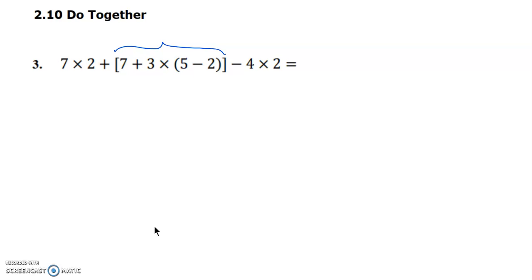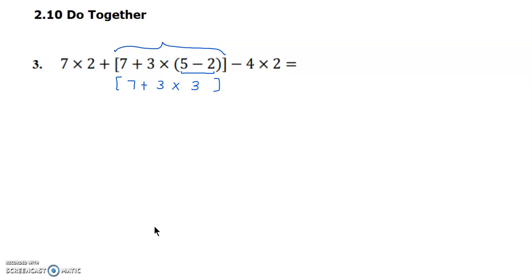So we're going to do the 5 minus 2 very first because those are inner brackets, so we need to clear those. So 5 minus 2 is 3, and then I write down everything else that's inside those brackets.